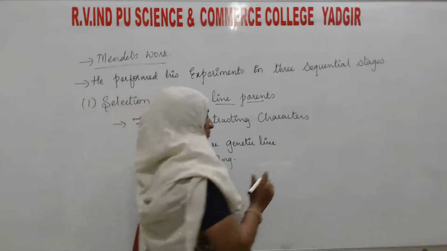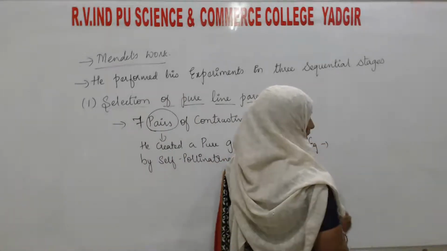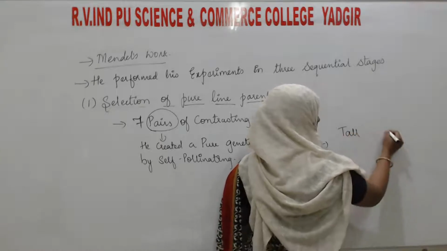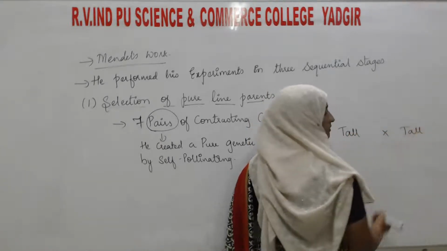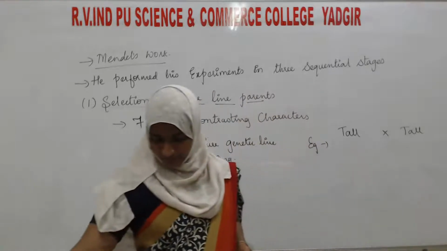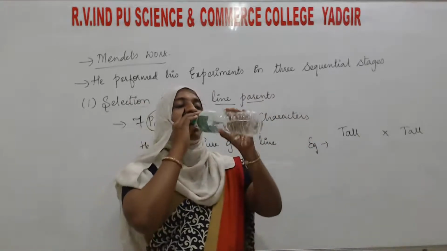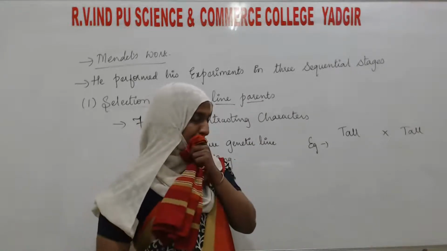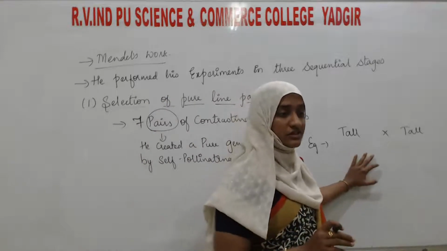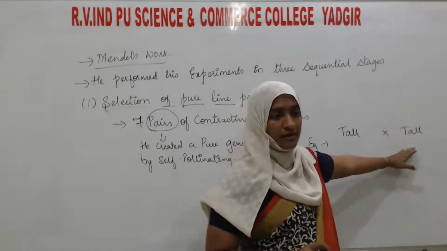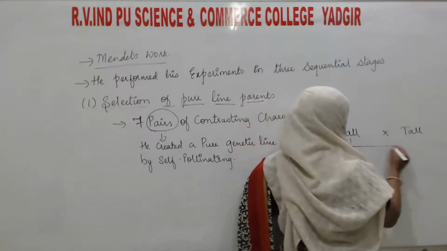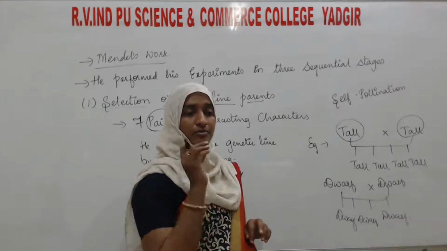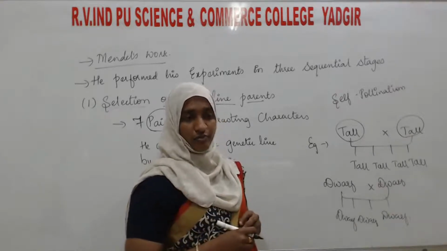That I will explain. For example, here you see, he has taken two plants. The two plants are tall and tall. If he is crossing the tall plant with the tall plant, see here, in flowering plants we had studied about pollination and different types of pollination.